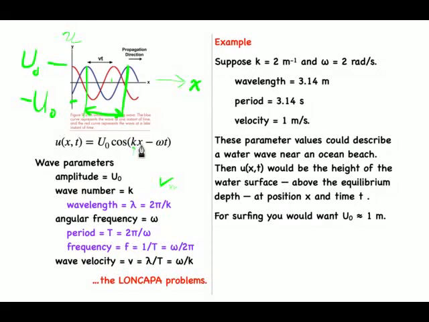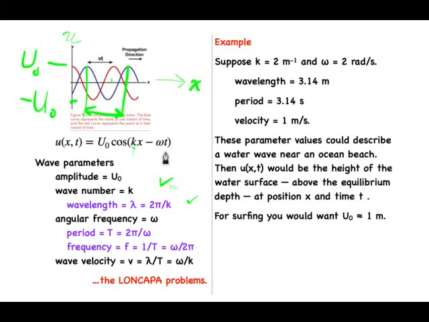So k times the wavelength is 2 pi, or the wavelength is 2 pi divided by k. So this parameter k, which appears in the functional form, and which I call wave number, is really related to the wavelength. K is 2 pi over the wavelength, or the wavelength is 2 pi over k.